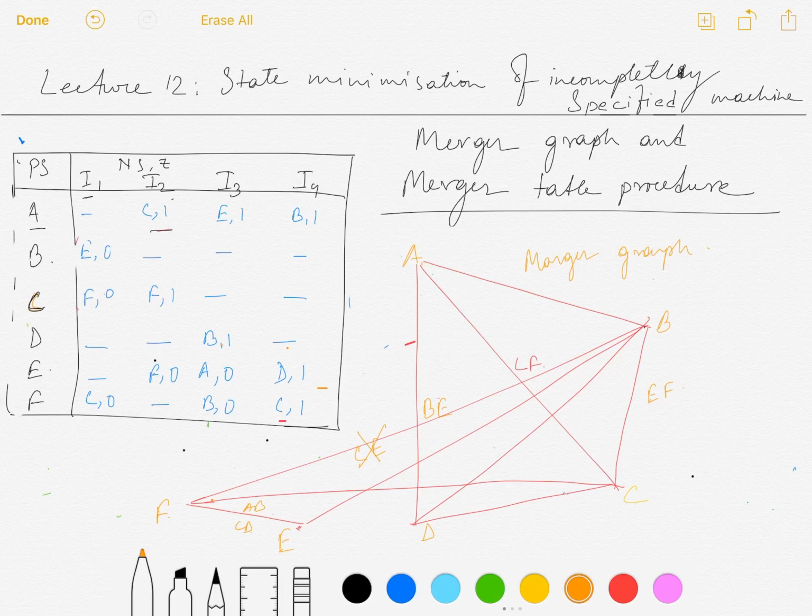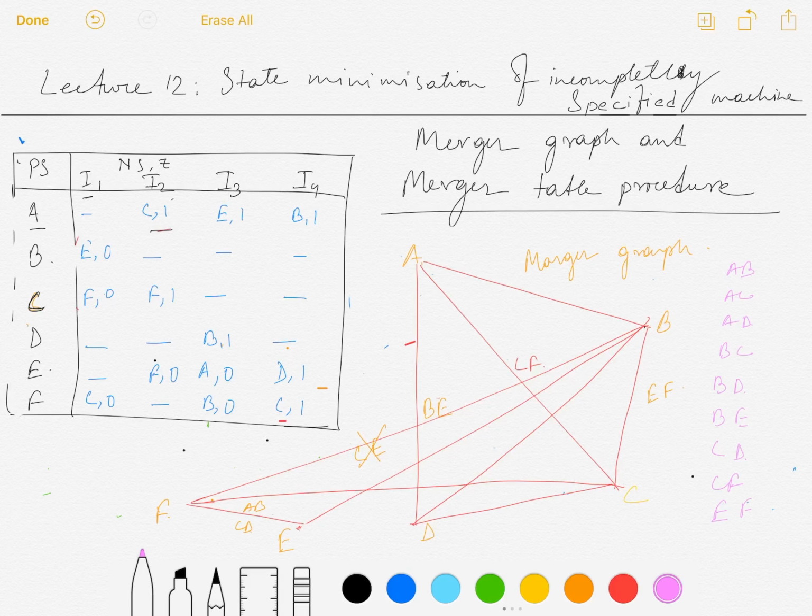Now, based on the merger graph, we can say what my compatible pairs of states are. If I write all the compatible pairs, they would be AB, then AC, then AD, then BC, then BD, then BE, CD, CF and EF.